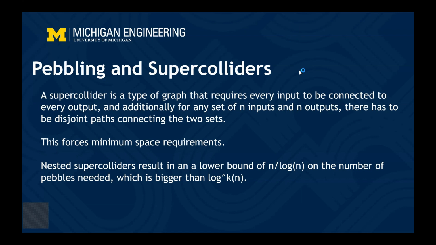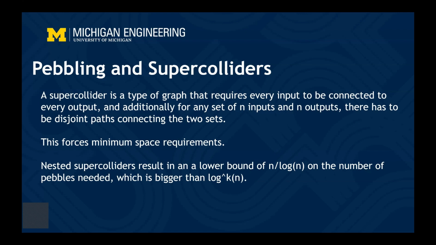To pebble a super collider, we can prove a lower bound on the number of pebbles needed. And then we nest the super colliders inside each other so that in order to pebble a particular output in the outer super collider, you have to pebble all of its inputs and their inputs and their inputs and so on and so forth.